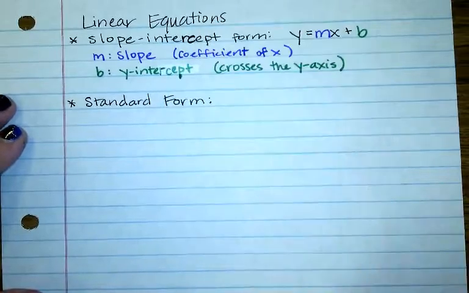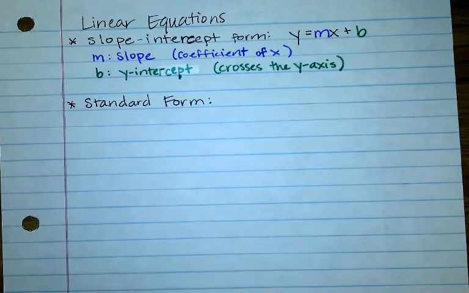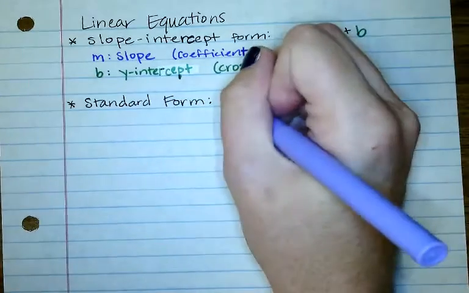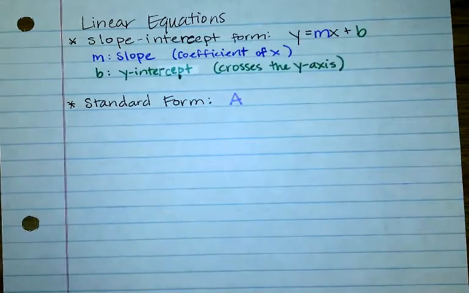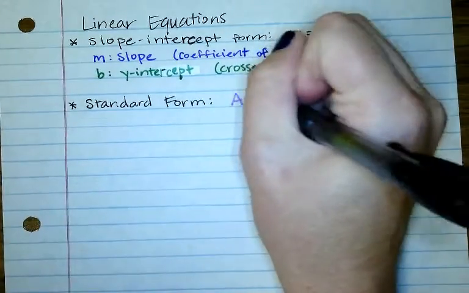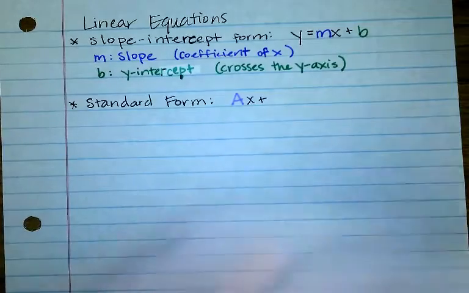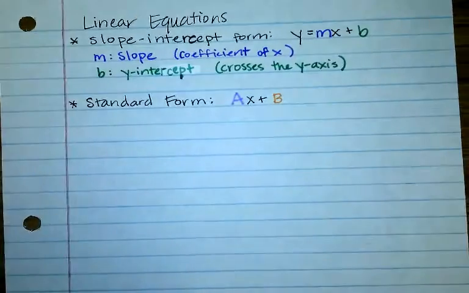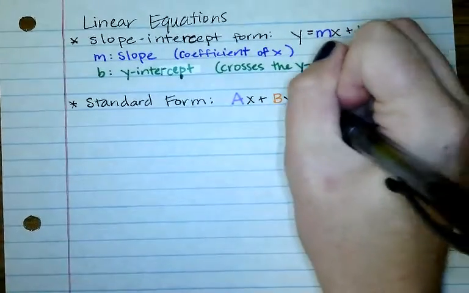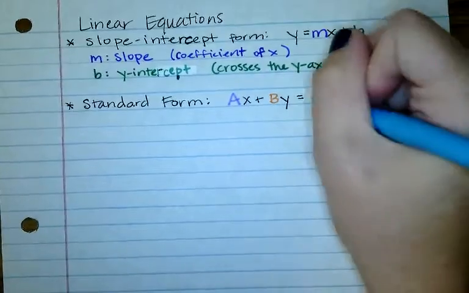Okay? Now the standard form of an equation can be written as, let's see here, I'm going to use this little purple color, ax plus by is equal to c.